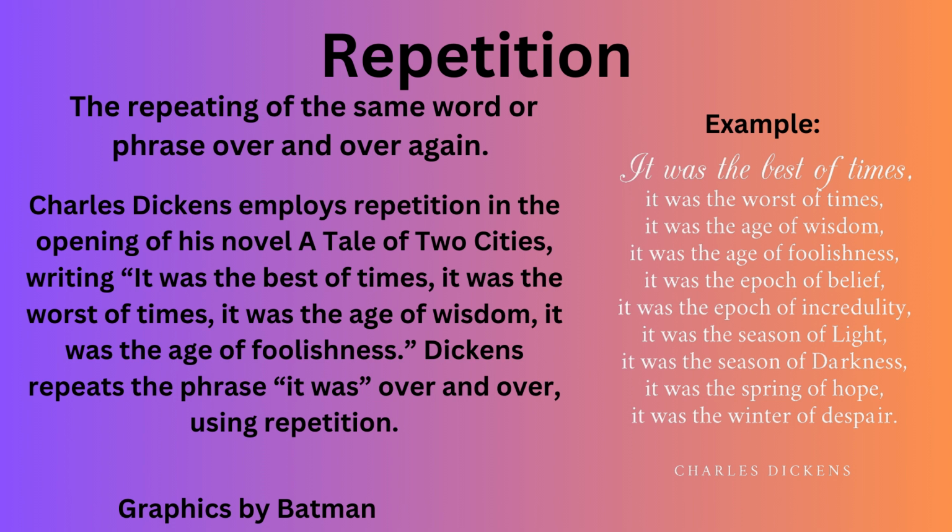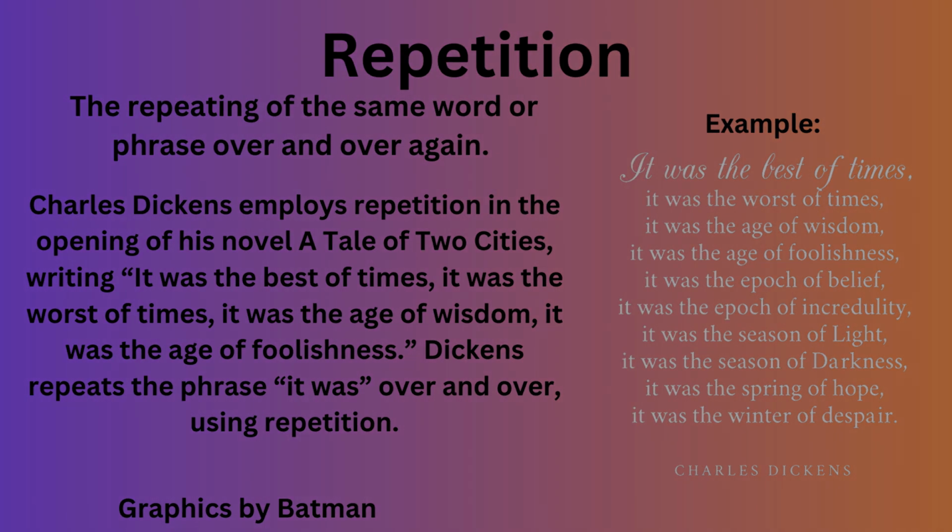It was the epoch of belief. It was the epoch of incredulity. It's a long word. And so on and so forth. And so it creates almost a harmony or recognition through use of the same phrases multiple times.